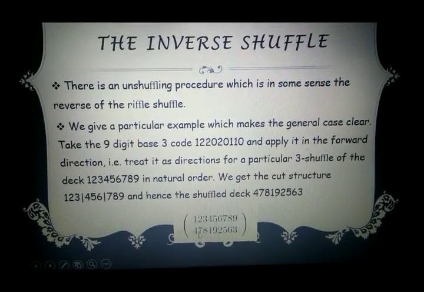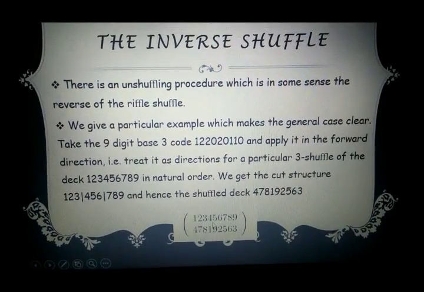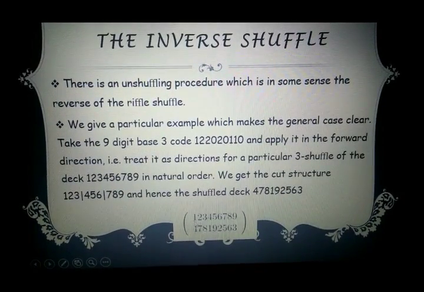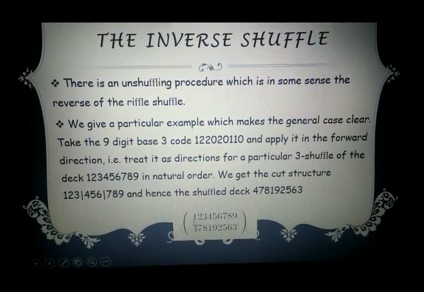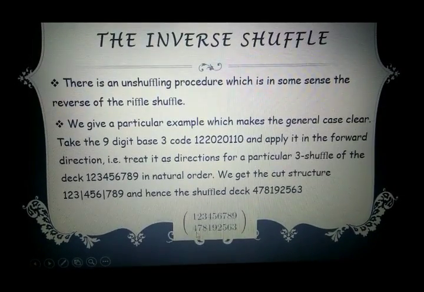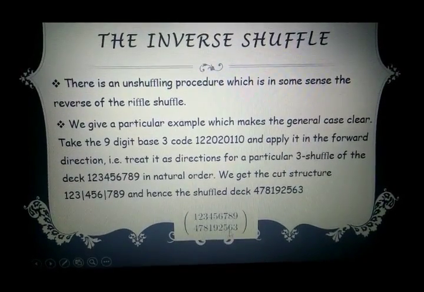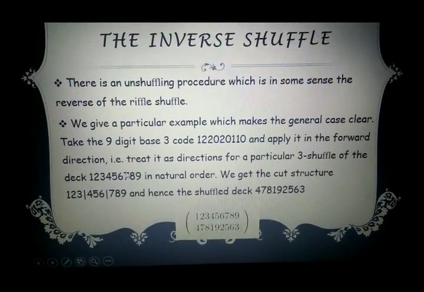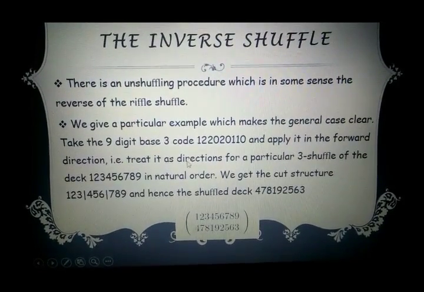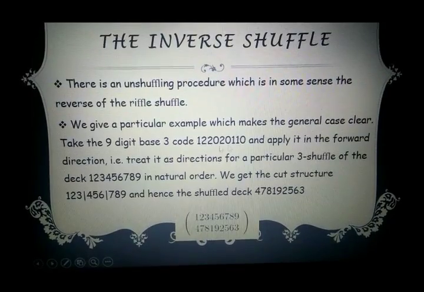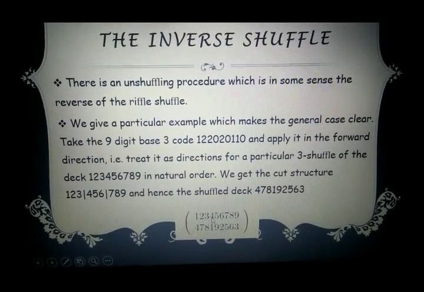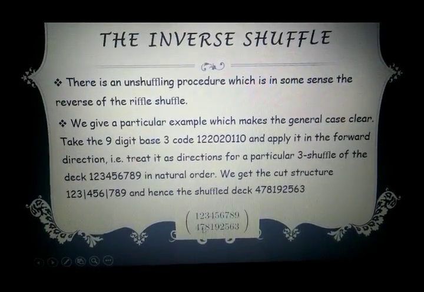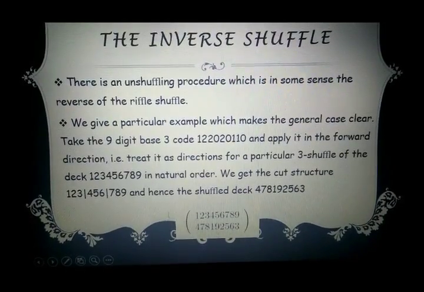We take all the ones, which is 4 5 6, and we place them beside the zeros, and then we take the twos, which is 7 8 and 9, and we place them here.